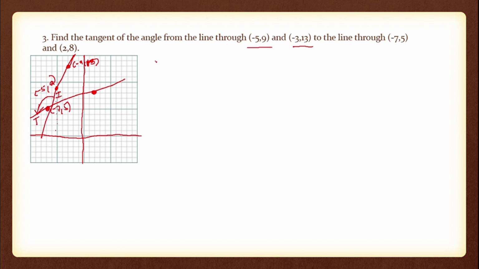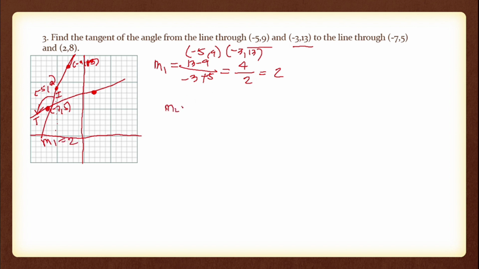Therefore our m1, with the points negative 5, 9 and negative 3, 13: 13 minus 9 over negative 3 plus 5, that is equal to 4 over 2, that is equal to 2. This is the slope of m1, which is 2.